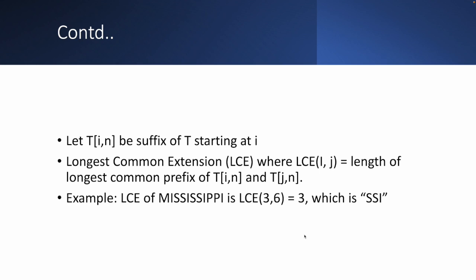To give an example, take LCE of Mississippi, LCE(3, 6). So i here is 3 and j here is 6. We get 3 because the "ssi" is repeating at least twice.